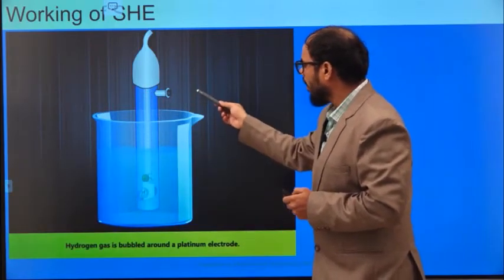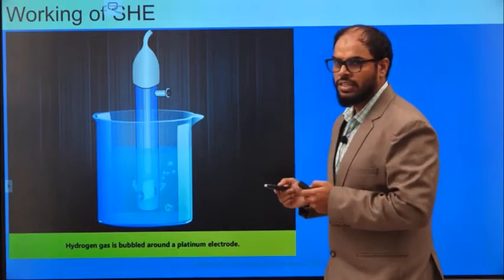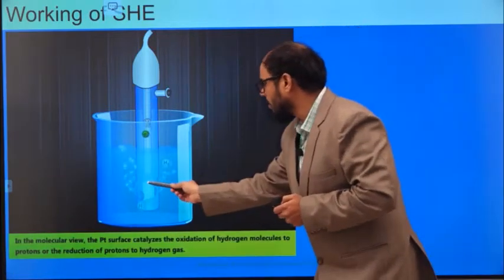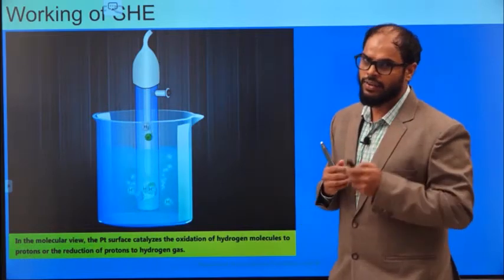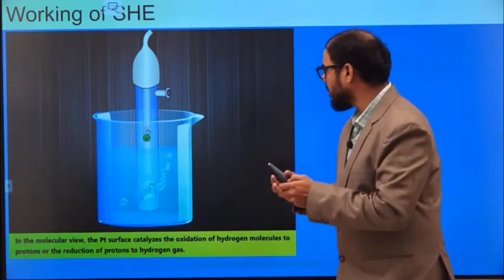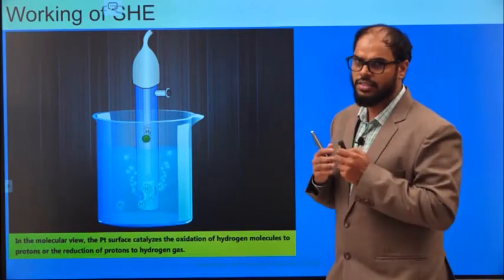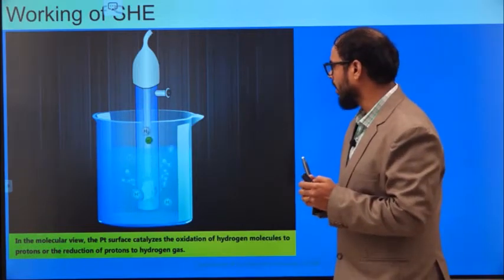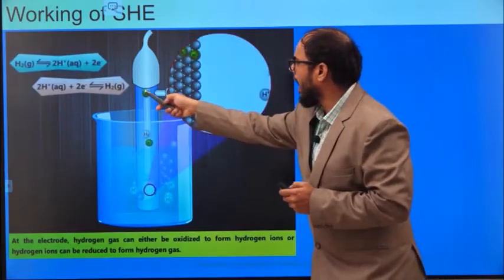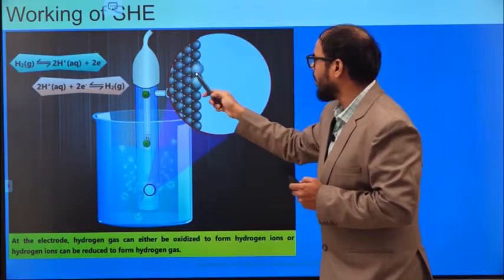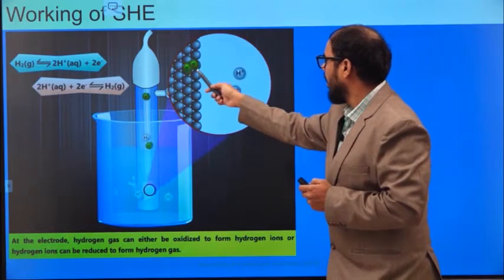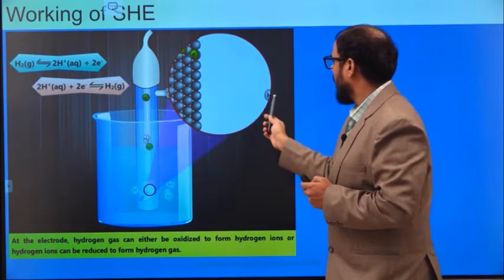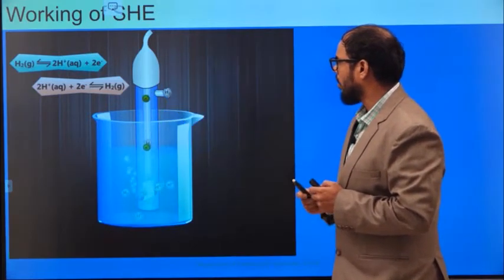Whenever we have any reactions, they occur at the surface of this platinum foil, and there are two categories of reactions: oxidation reactions and reduction reactions. In the oxidation reaction, the H2 gas is converted to H plus ions, releasing 2 electrons.